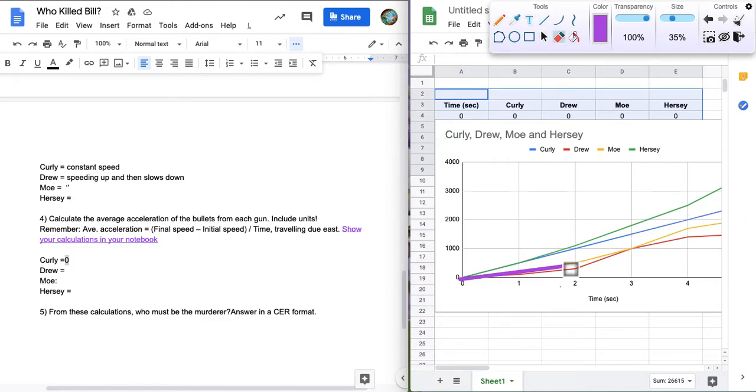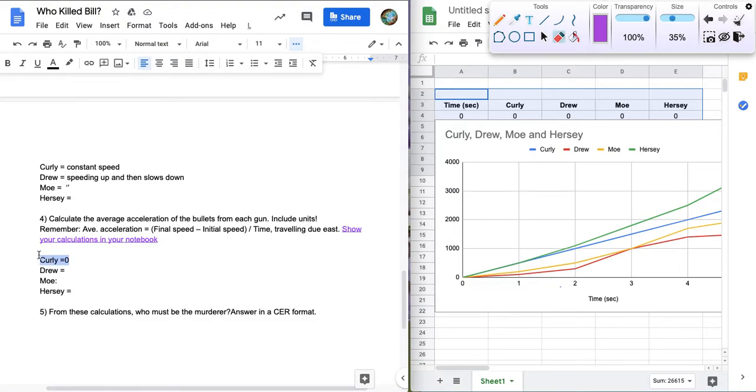If we look at Curly's graph, it's the blue one. That's a straight line. We said that in a position versus time graph, if the line's straight, that means that the velocity is constant. And if the velocity is constant, it's not changing at all, then it's not accelerating. So the acceleration is 0. You don't even need to put anything into the equation.